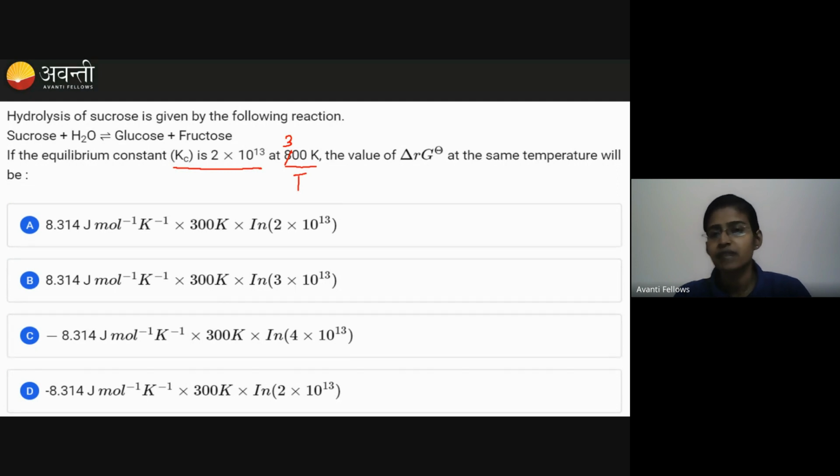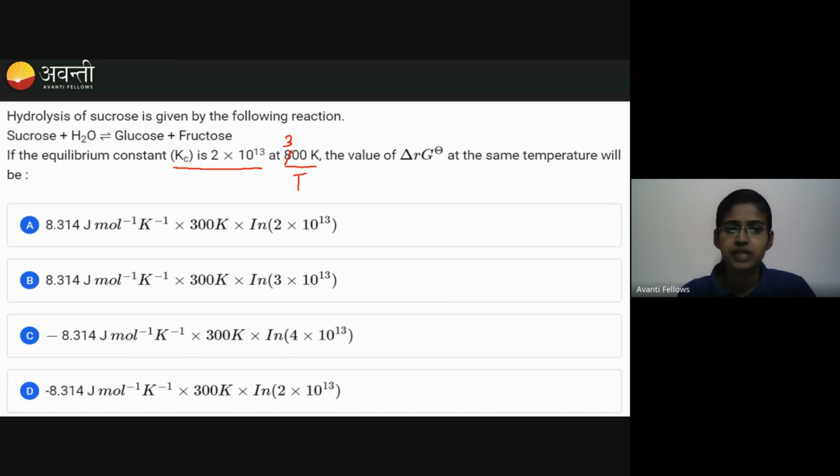Can anyone try for this? All of you can try. It is just the direct substitution into the formula. Just let me know the answer in the chat box. I will give you some 15 seconds to solve this question. Direct substitution only. Nothing to do with the mathematics.